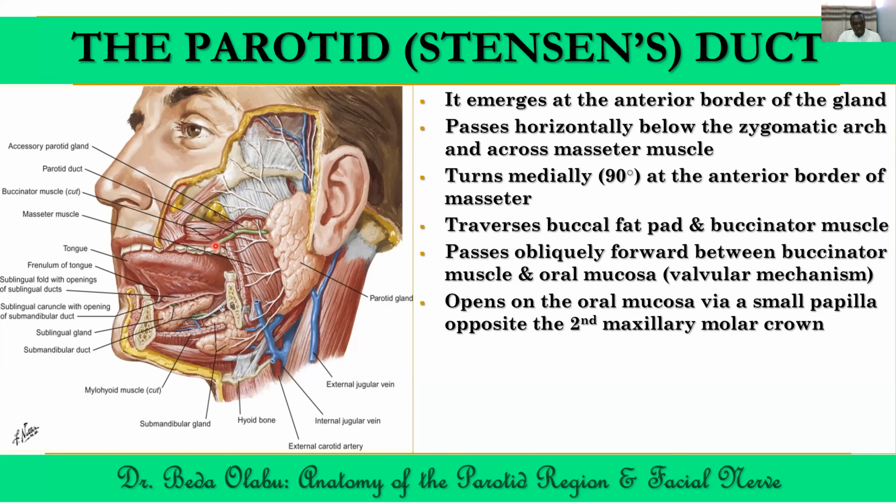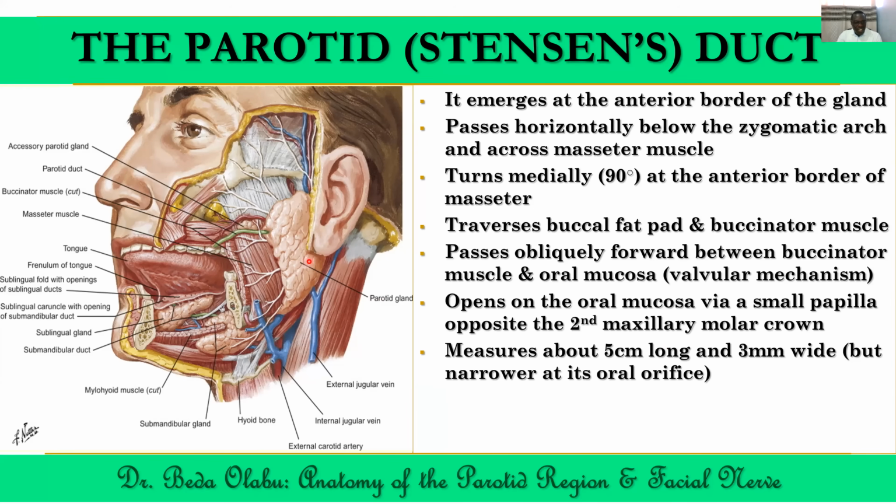Eventually, the duct opens in the oral mucosa within the vestibule of the mouth. Remember, the vestibule of the mouth is the space between the dental arch and the cheeks. So that's what we call the vestibule of the mouth, between the teeth and the cheeks. It will open in the vestibule on the oral mucosa via a small papilla that will be opposite the second upper molar crown.